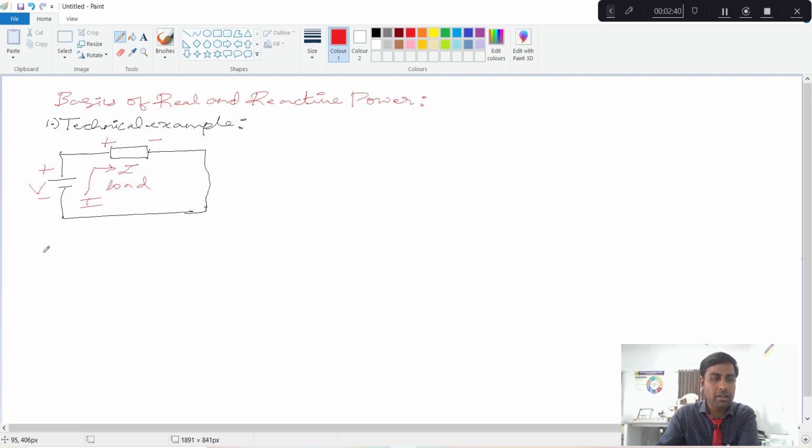So I will write here, in case 1, current I flows from source to load.